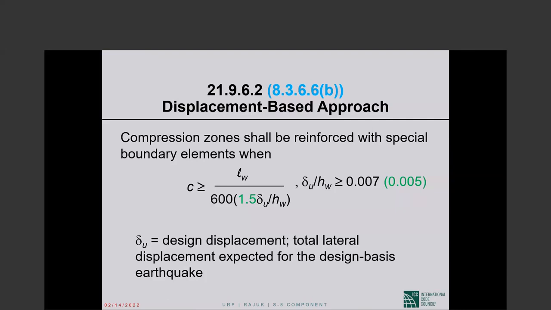If the calculated neutral axis depth is larger than or equal to the critical neutral axis depth, you have significant compression over some part of a shear wall cross-section.